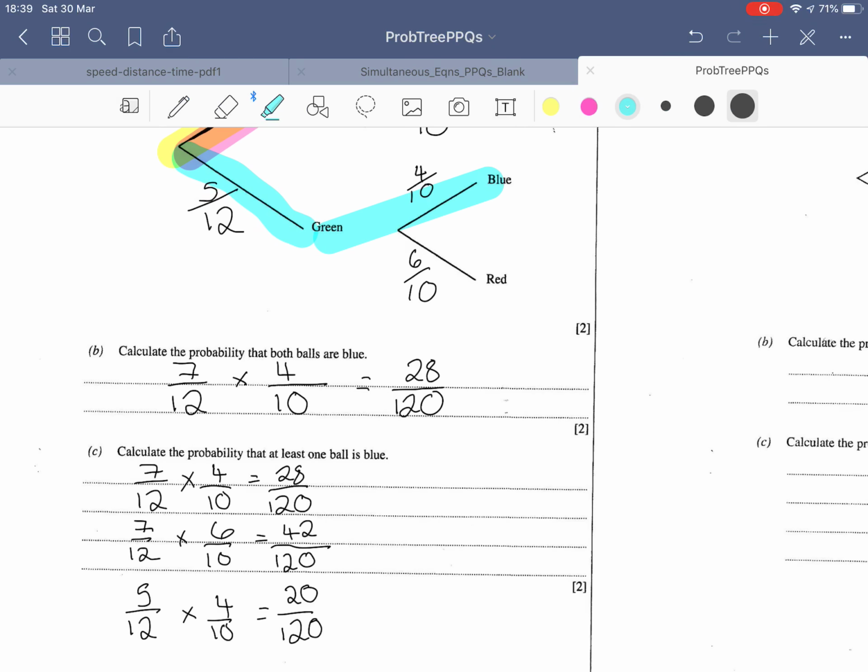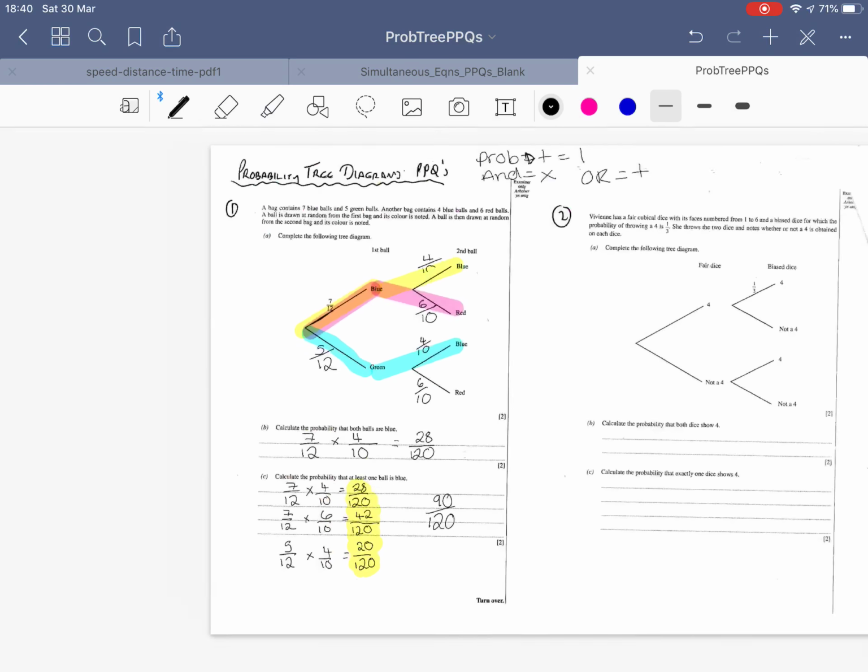So what we need to do now is add up all of these fractions. Don't forget, you don't add the bottoms when you're adding. So we need to do 28 add 42 add 20, which gives us 90 out of the 120. And we could simplify that, but it doesn't ask us to, so why bother?